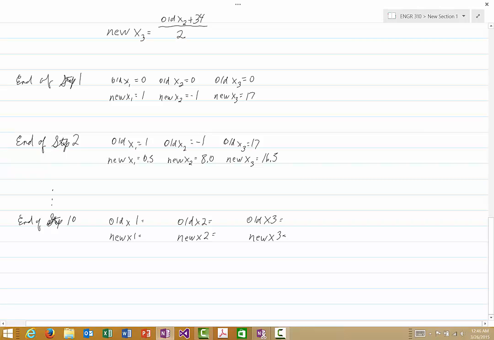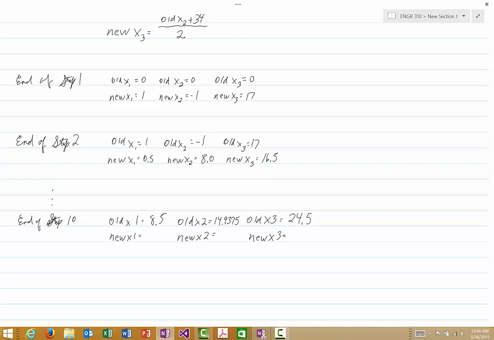And at the end of step 10, these values will be as follows. We'll have 8.5, 14.9375, and 24.5. Those will be the old values at the end of step 10.